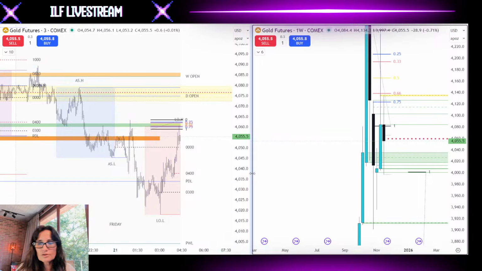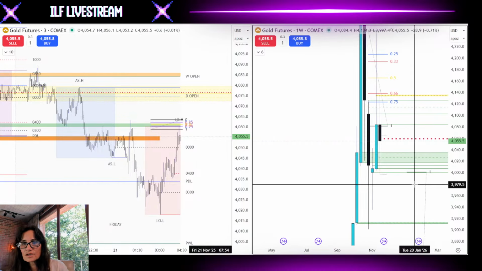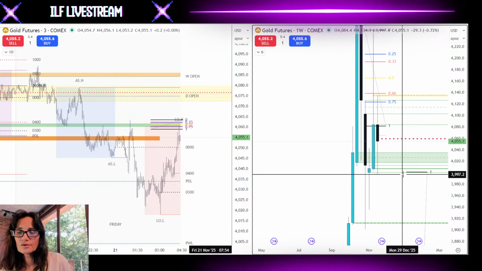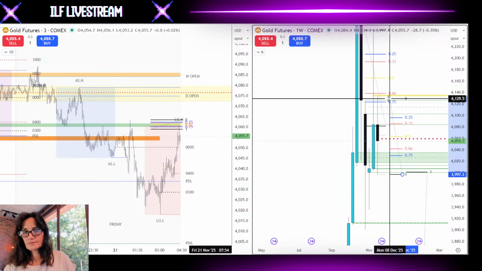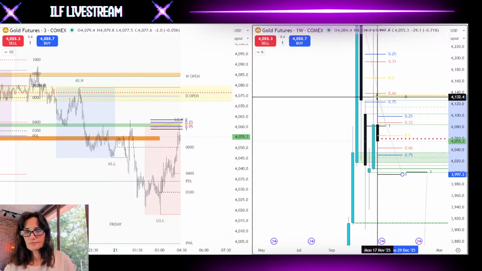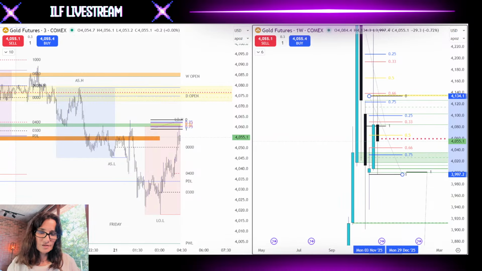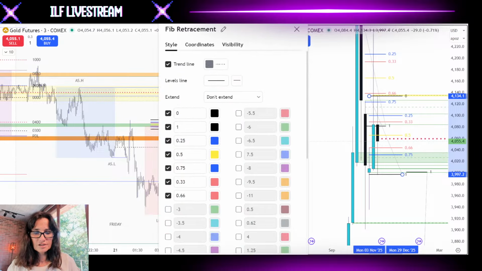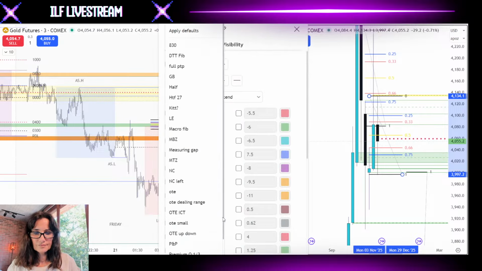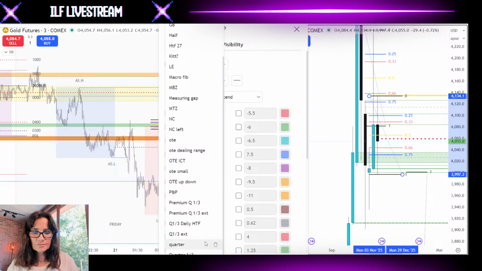Let me go to the weekly range. What's the weekly range in gold? I'm on the weekly, yes. Where's my TGIF? I'll make my own TGIF. This is the inverted TGIF logic, and start backtesting it.